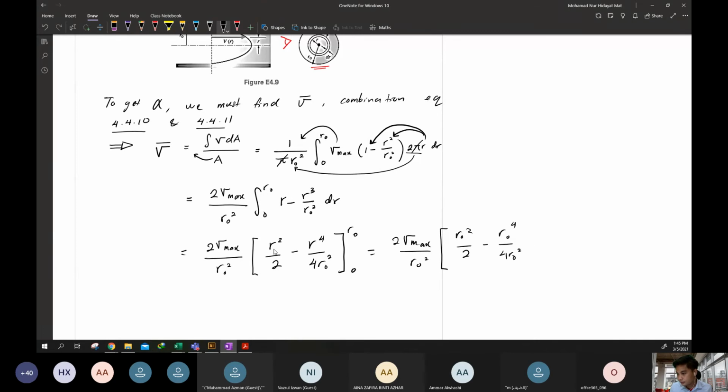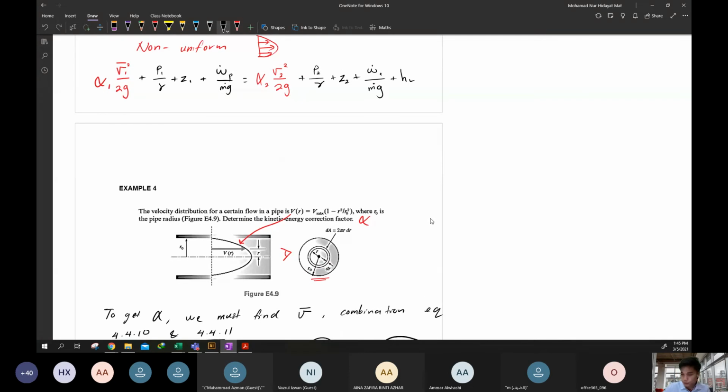The lower limit gives 0. From here I think you can solve, and the final answer is 1 over 2 Vmax only.